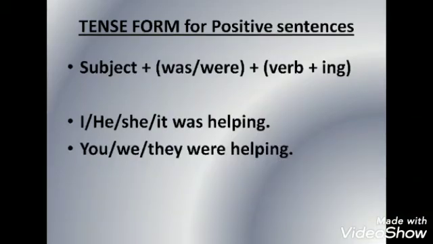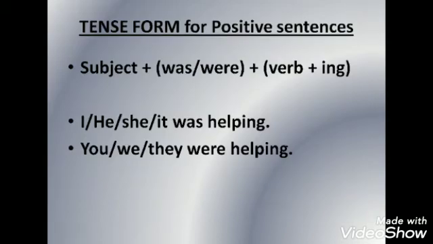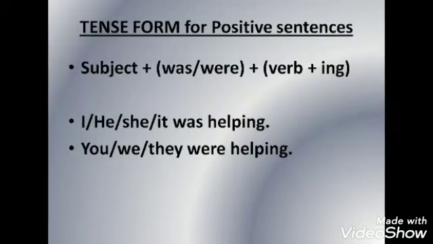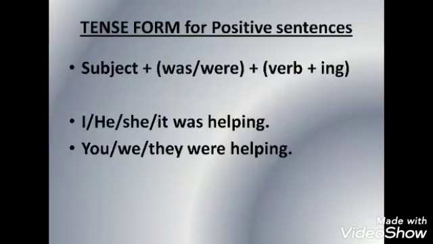At first, the tense form for positive sentences: subject plus was or were plus verb plus ing. Now the example: I or he or she or it was helping.